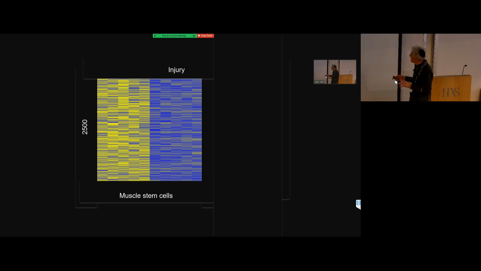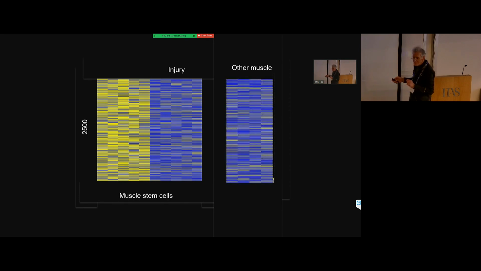Okay. Interestingly, you injure one muscle, you get the same thing in other muscles. Okay? And we know that the factor that does this is hepatic growth factor. So when you injure one muscle, through a little biochemical series it releases hepatic growth factor, which is a hormone. It affects all the muscles in the body. So you injure the mouse once in a muscle, he now has all his muscles in a more activated state.